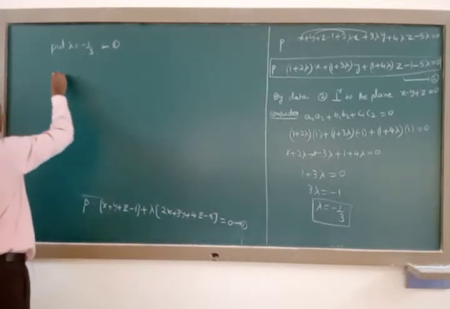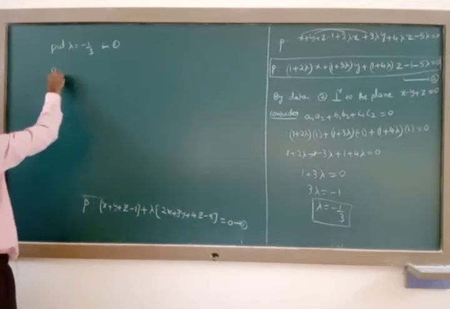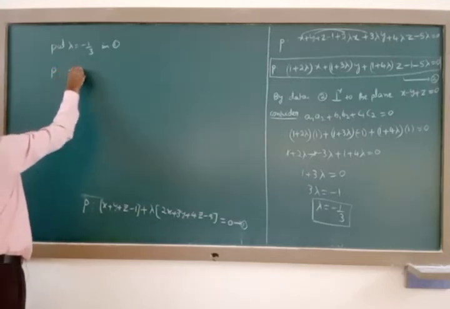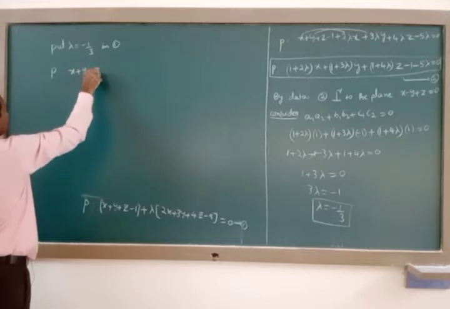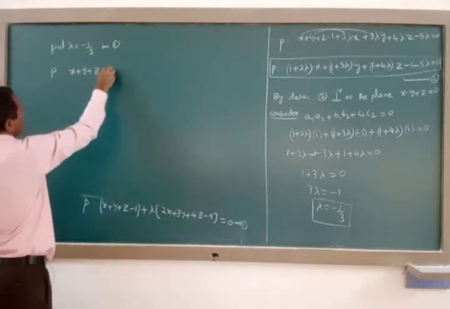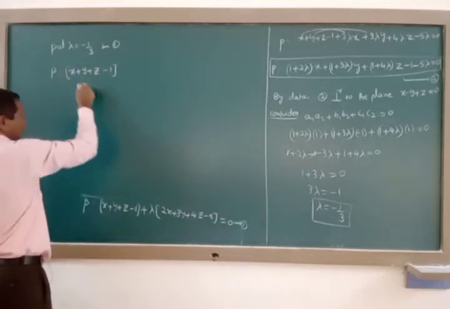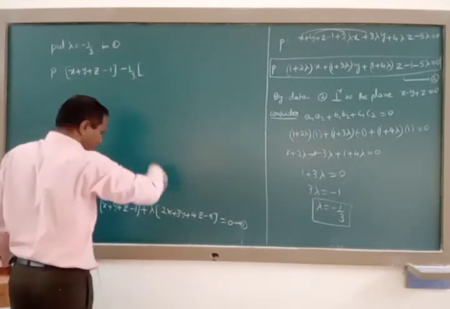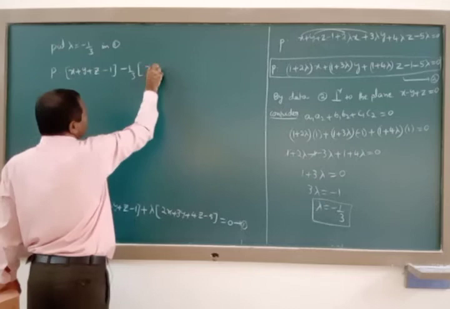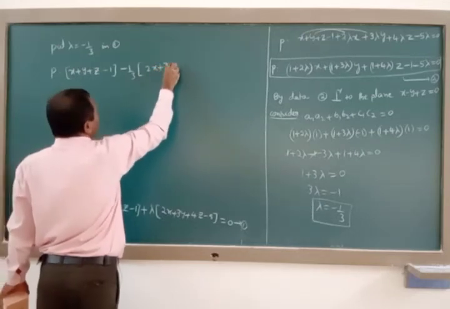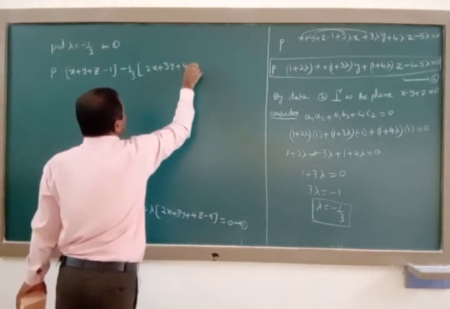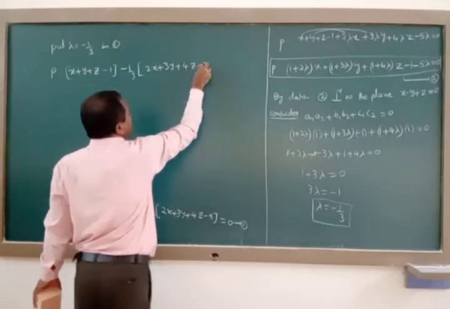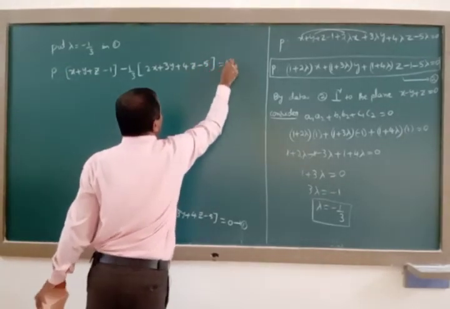Then the equation becomes x plus y plus z minus 1, plus lambda value, minus 1 by 3 into 2x plus 3y plus 4z minus 5, is equal to 0.